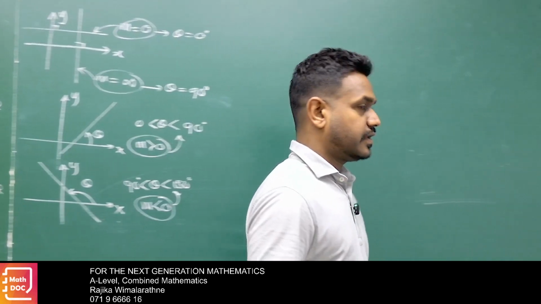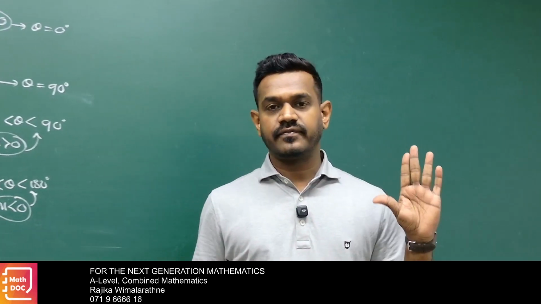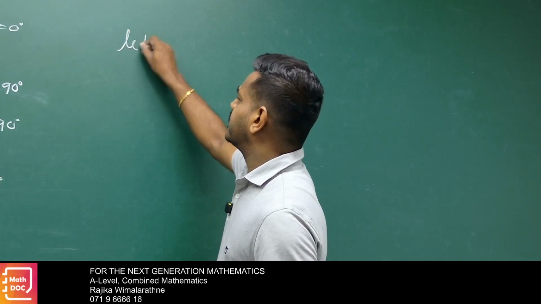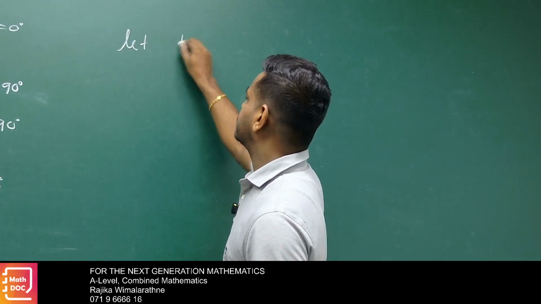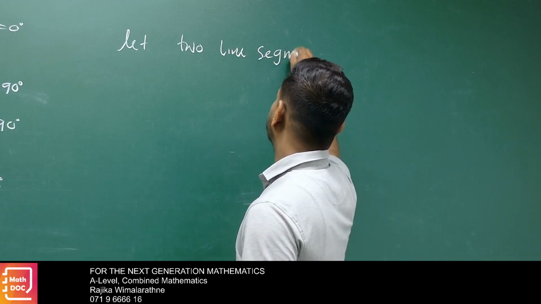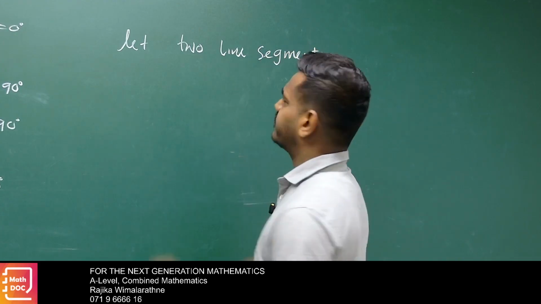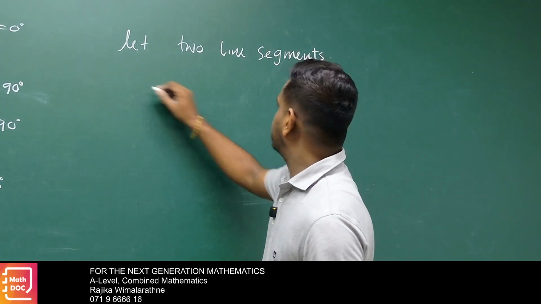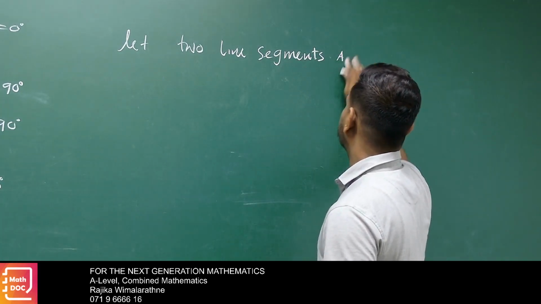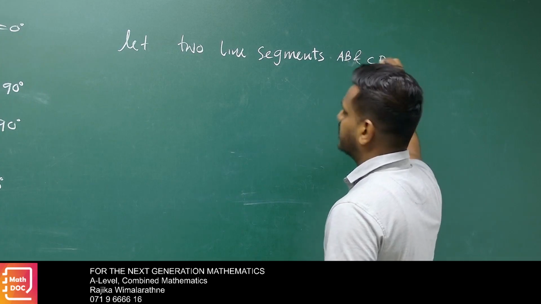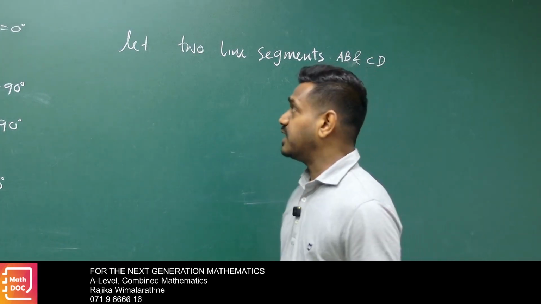Now further, you consider two line segments, AB and CD. See this logic, this is very important.